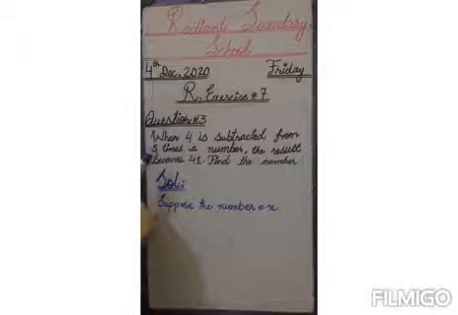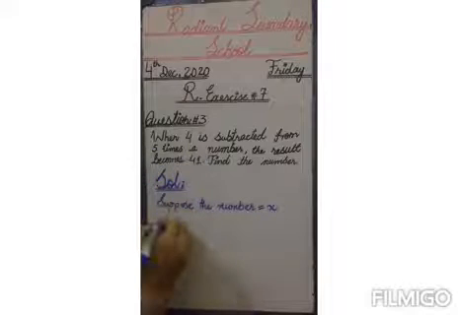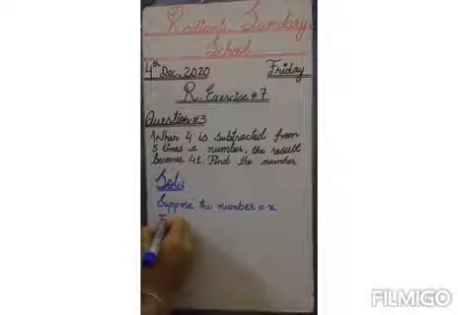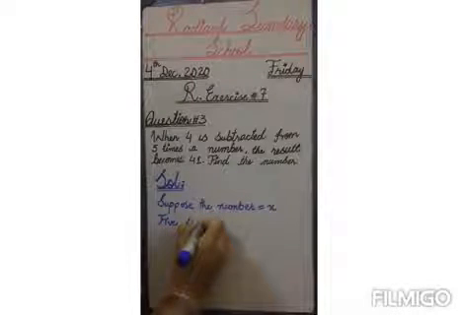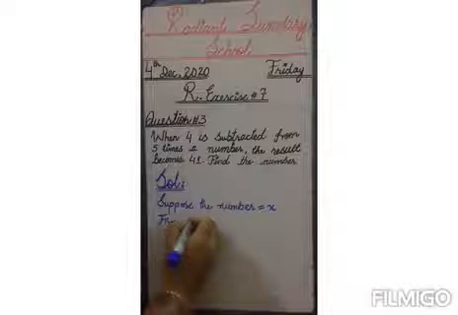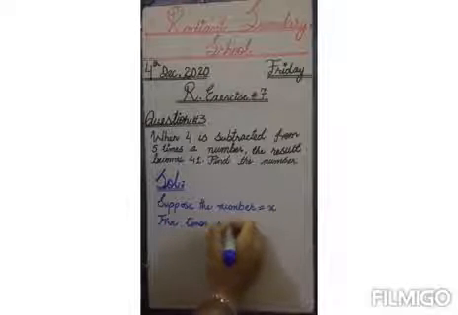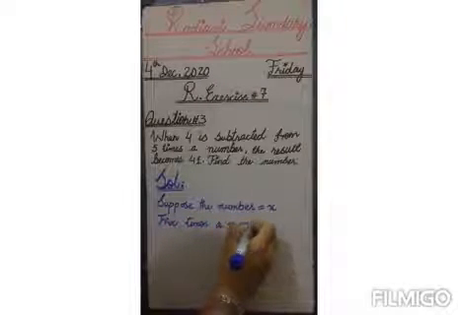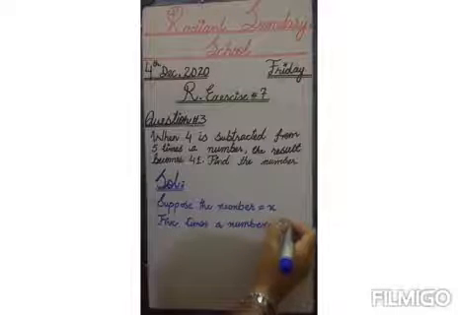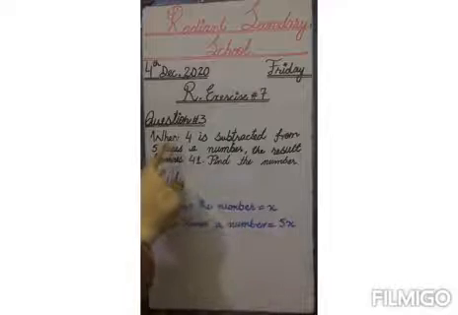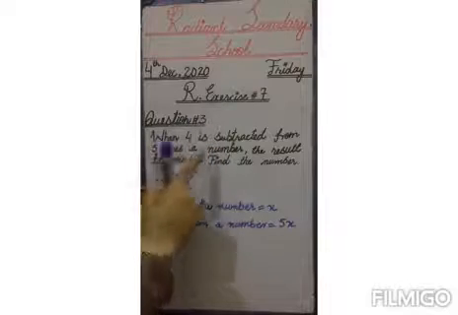In the next part it says 5 times a number, which means 5 times a number is equal to 5x. It says 4 is subtracted from 5 times a number.